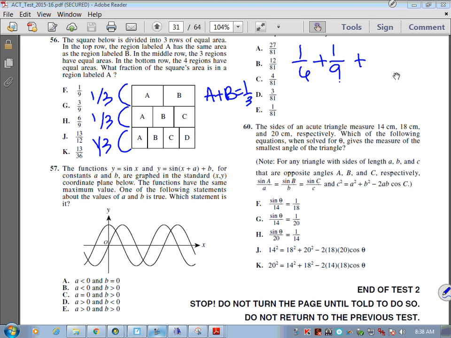So I'm going to take 1/3 and divide it by 4, which is going to be 1/12. Then I want to add 1/6 plus 1/9 plus 1/12. The calculator's going to do that for me, and I'm going to get 13 over 36.